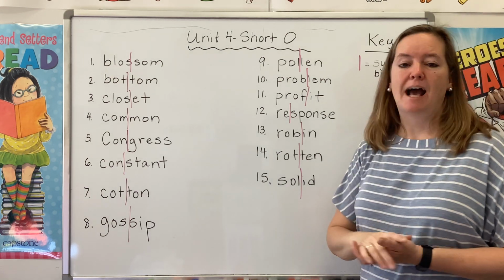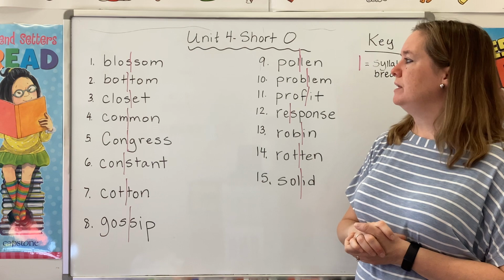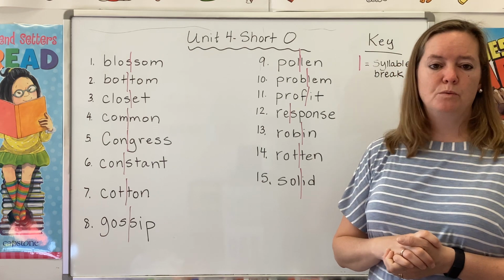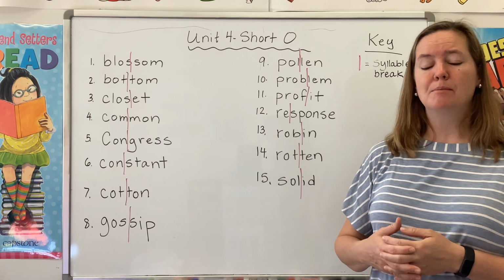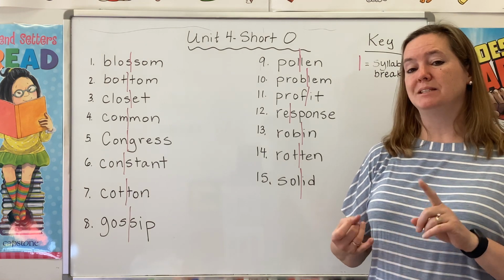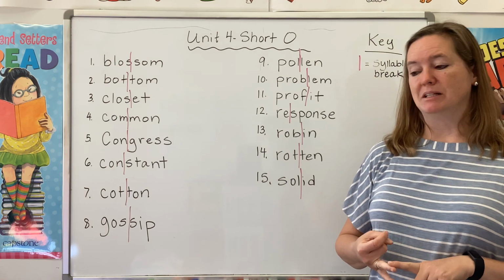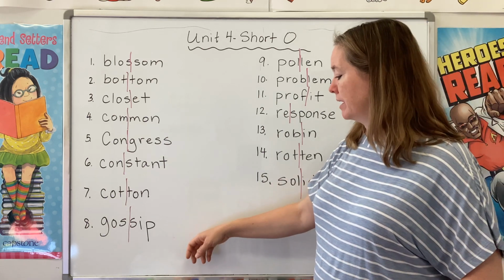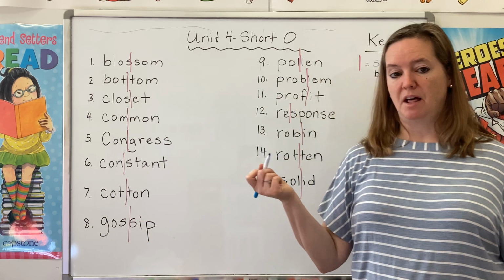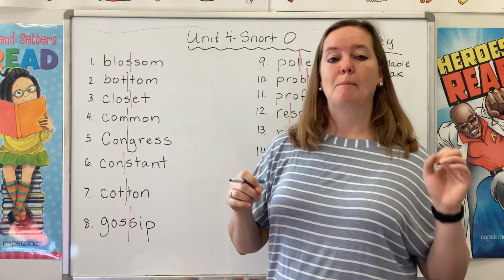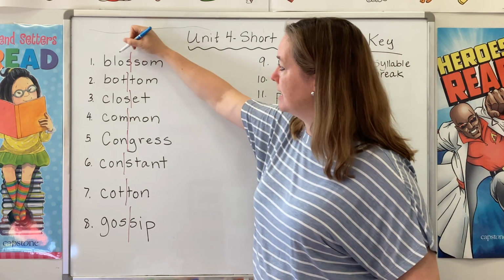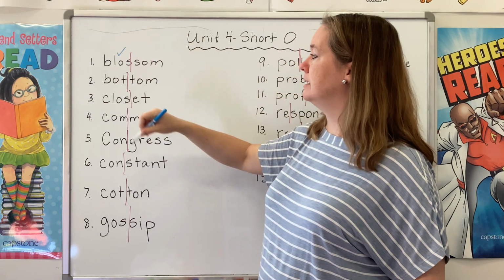Okay, now that we've done that, we notice that in each of those words we have a stressed syllable and an unstressed syllable. The stressed syllable we say a little louder, a little bit stronger. We're going to mark those with another color. We're just going to put a little check mark. So in the word blossom, we say the first part louder.